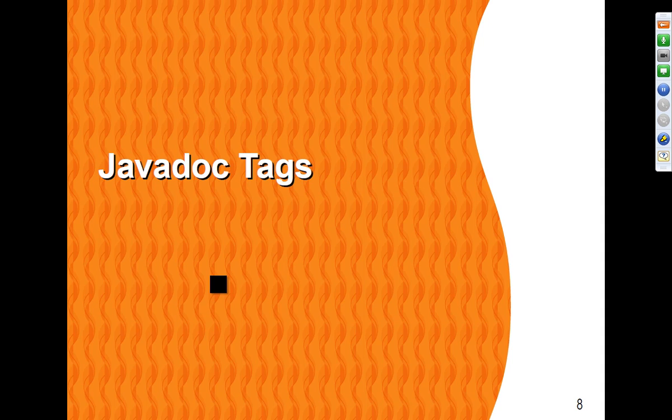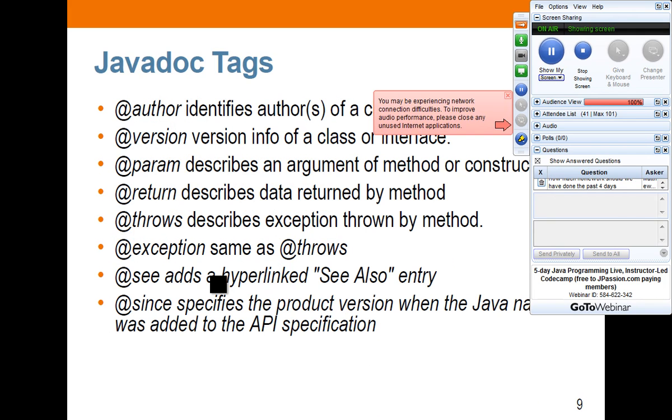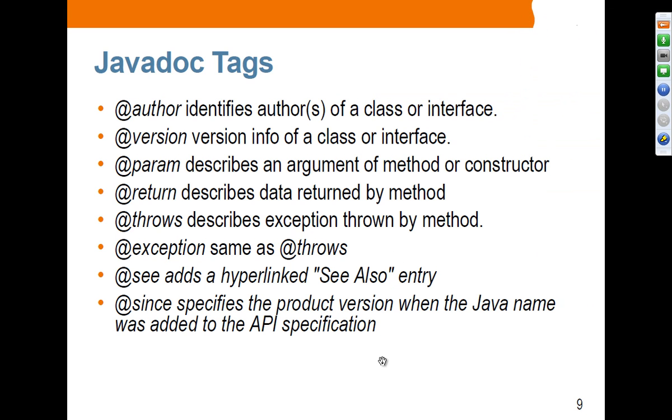Okay, so let's move on to tags. You can use multiple tags. The author tag is used to identify authors, and the version tag is used to specify the version of that class or method or interface. Param is for arguments, return is for describing return data, and throws is for describing an exception that could happen.